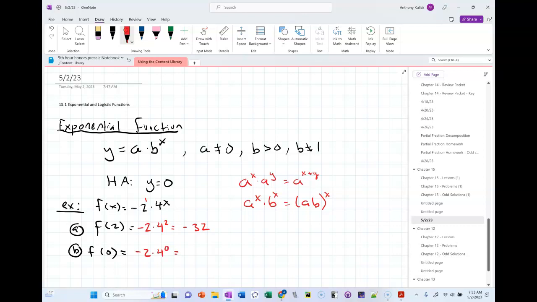What's 4 to the 0? 1. So again, remember that any non-zero number to the 0 power is equal to 1. 0 to the 0 is indeterminate. Again, we'll talk about what that means next year in AP Calculus, but it could be lots of different answers, and it's unclear which one it should be.